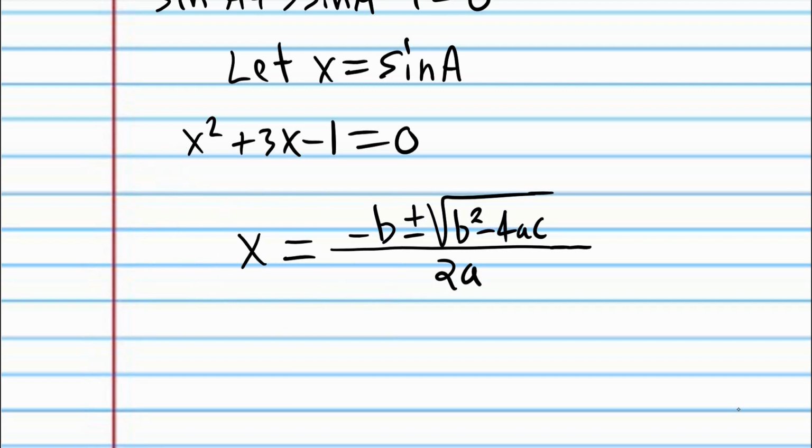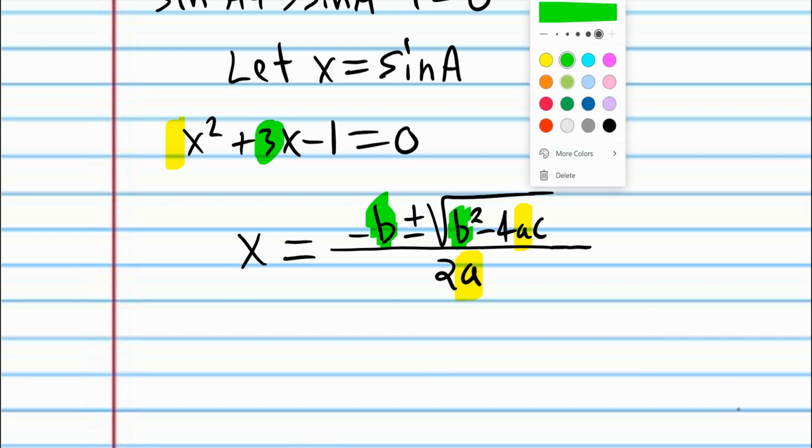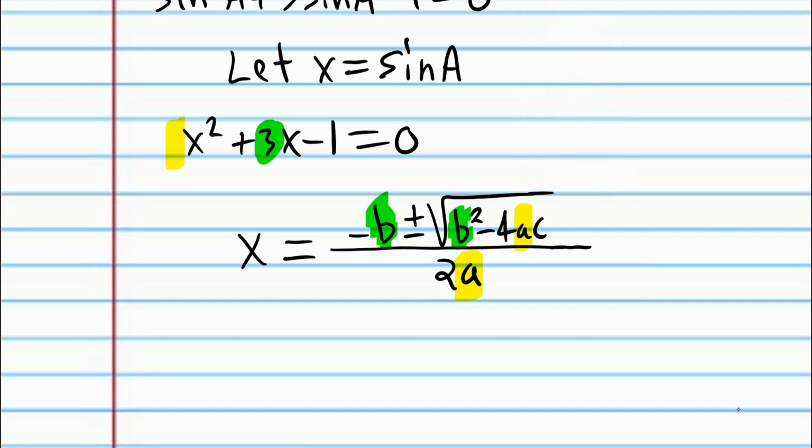So just to be clear, 1 goes there, and 3 goes there, and negative 1 goes there. So just to be clear where all this goes.